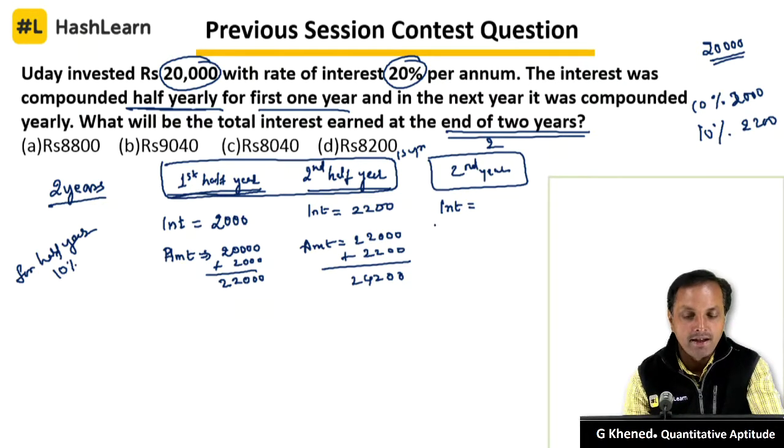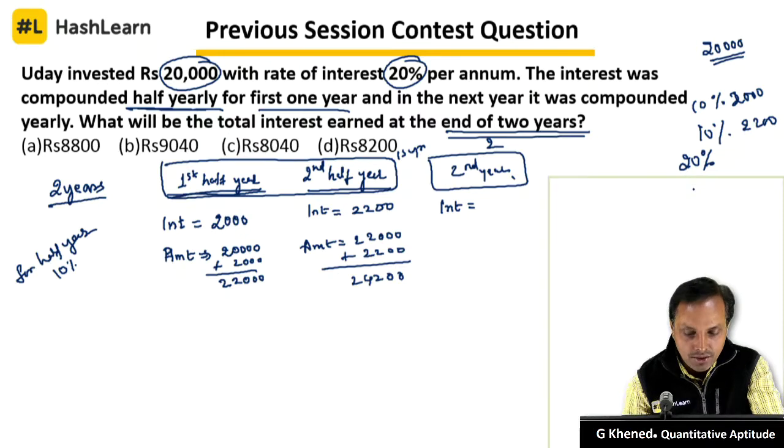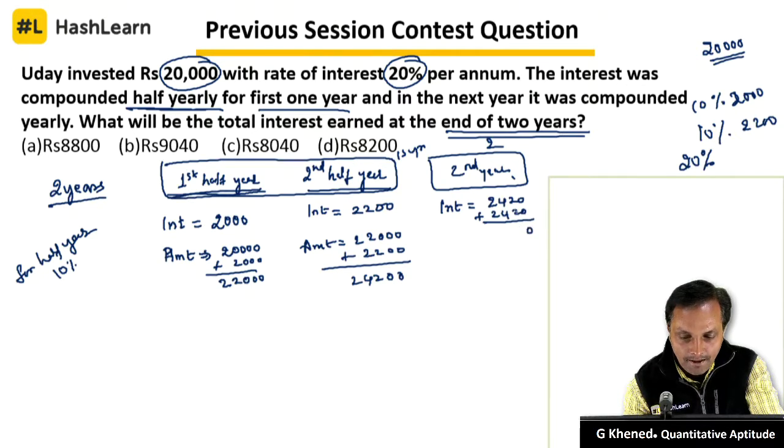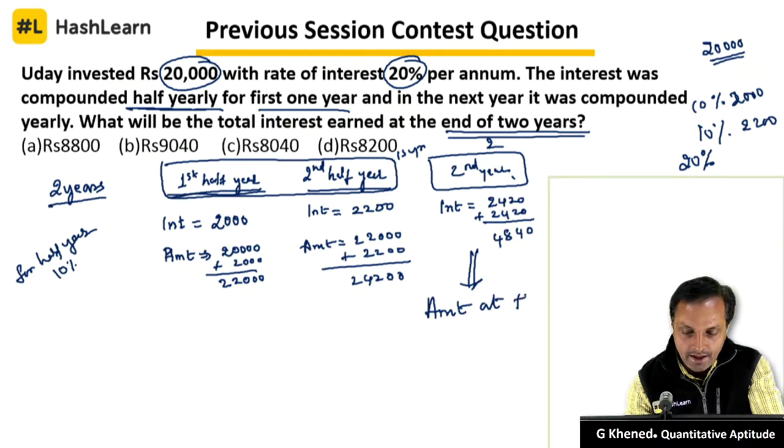So what is the interest in the second year? Here you should be very careful. In the second year it is 20% which you need to calculate. So 10% is 2420, plus 2420, your interest component will be 4840. Therefore, what is the amount at the end of 2 years?